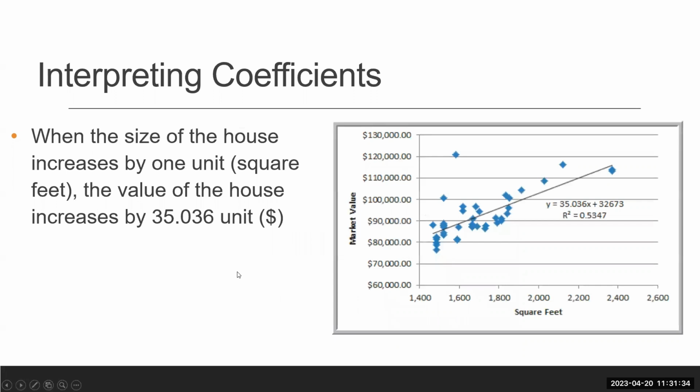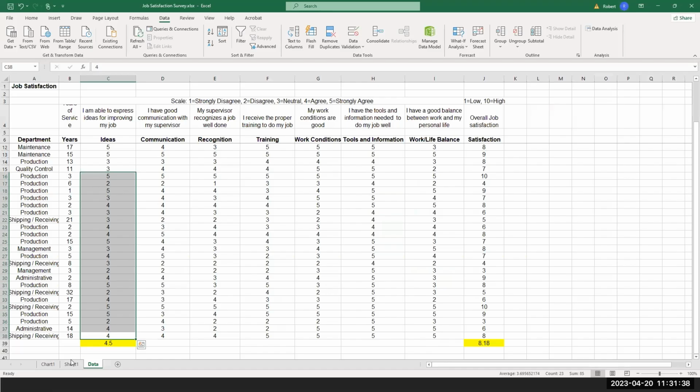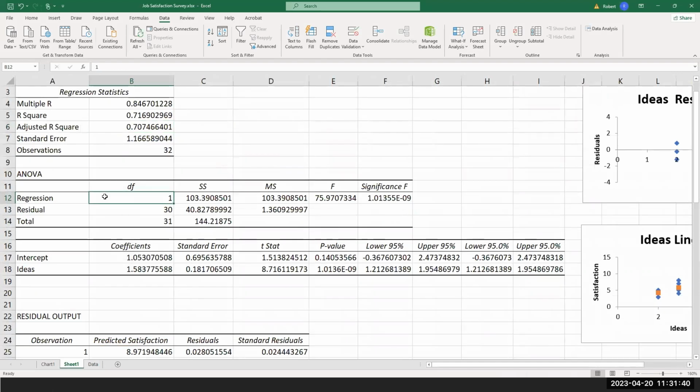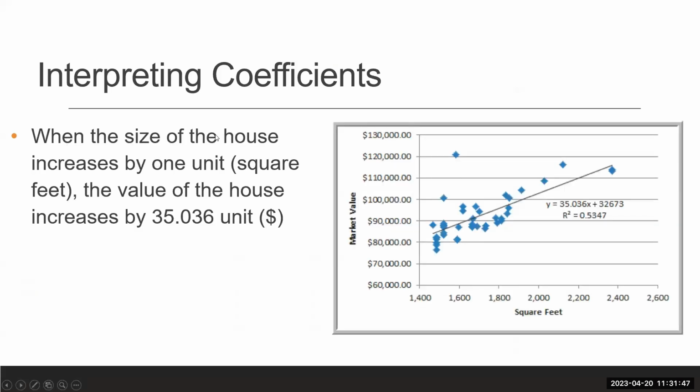So moving on, interpreting the coefficients. Here in the output, we've got a bunch of coefficients. Let's talk about what this means. When the house size increases by 1 unit, or one square foot, the value of the house increases by 35.036 units.